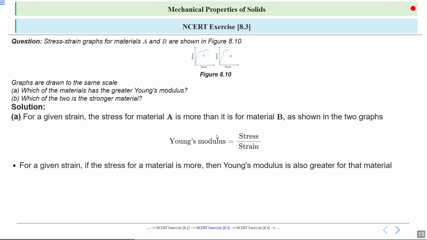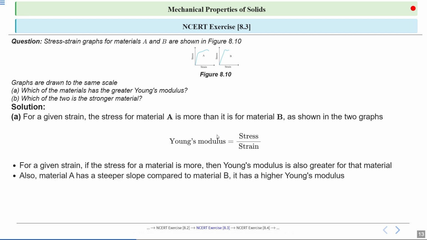For a given strain, if the stress for a material is more, then Young's modulus is also greater for that material. So also material A has a steeper slope compared to material B. It has a higher Young's modulus. So Young's modulus for material A is greater than for material B.